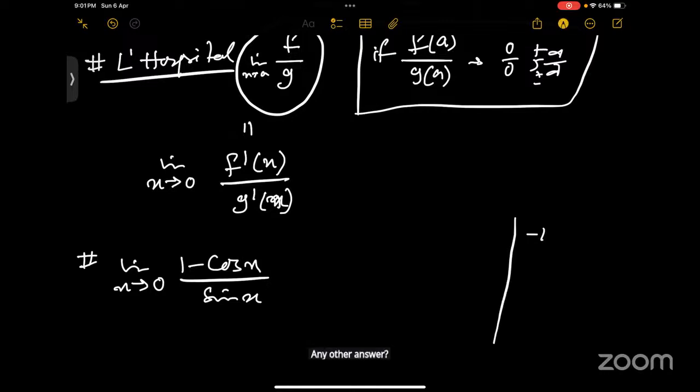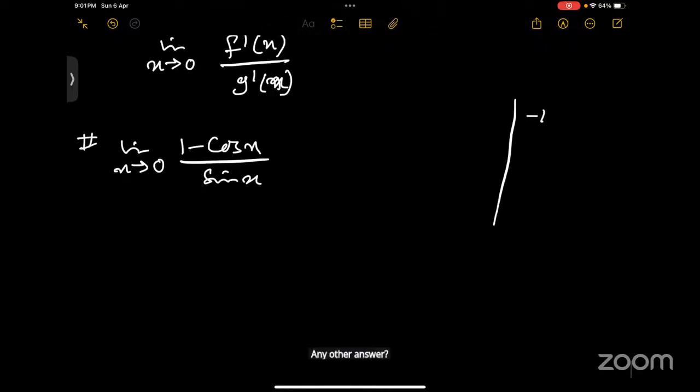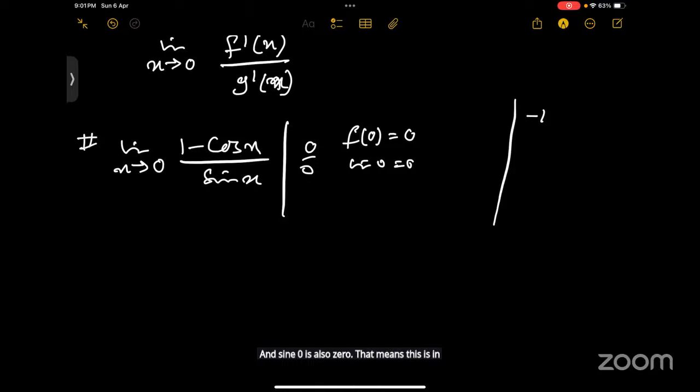No, ma'am. Okay. So if I put 0, this is again in f by g form. And what is f of 0? It is 1 minus cos 0, that means 0. And sin 0 is also 0. That means this is in 0 by 0 form, right? So we can apply the L'Hospital rule.